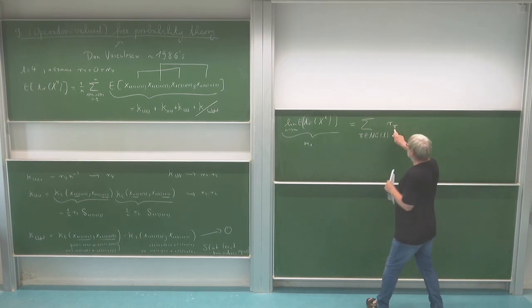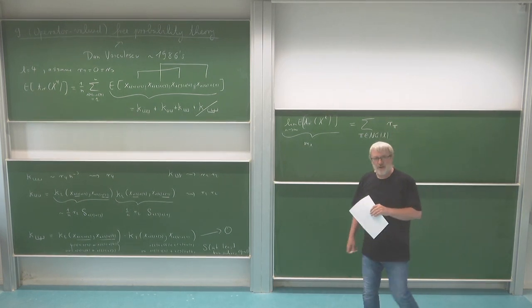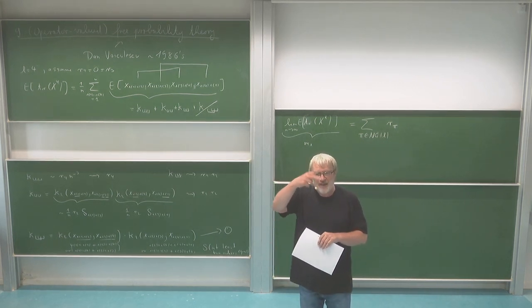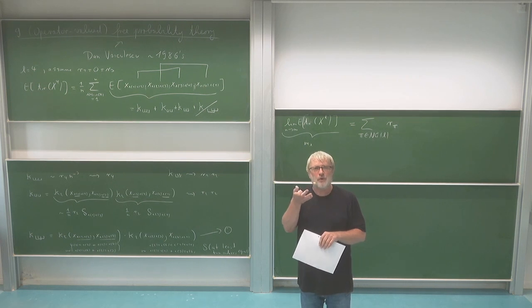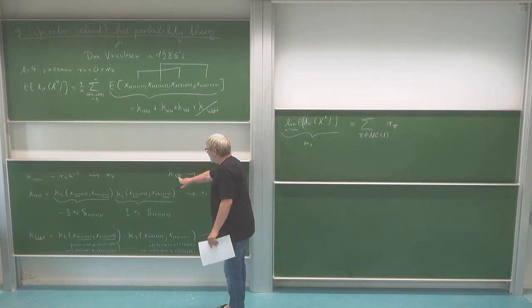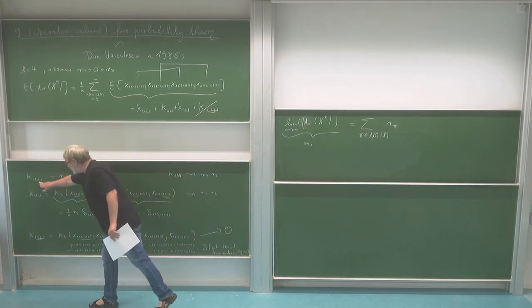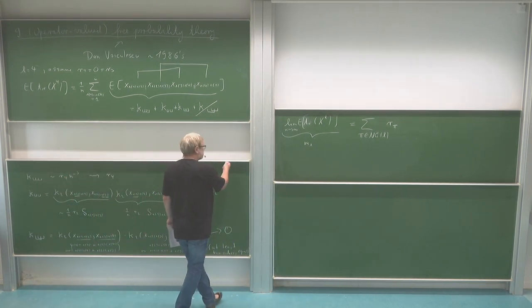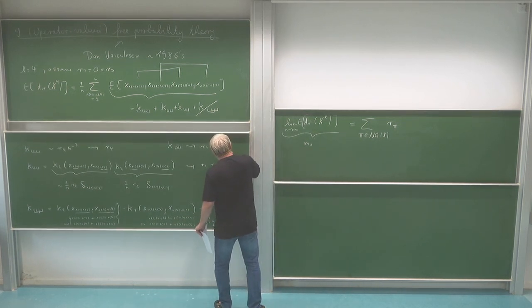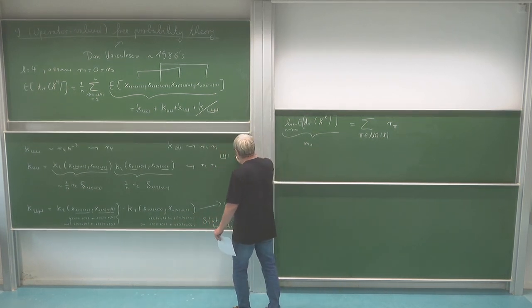So this means this is the product of R's, one factor for each block of pi, and the index which I have at the R is just the size of this block. So here I get just R2 times R2. Here I get R4, and for example, for something like this, I would get R2, R1, R1.